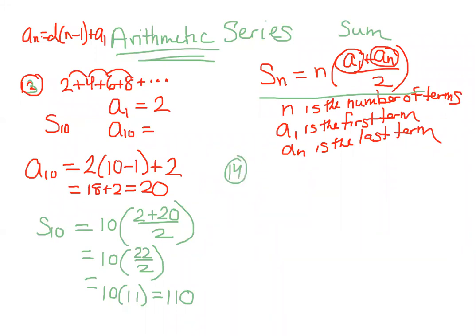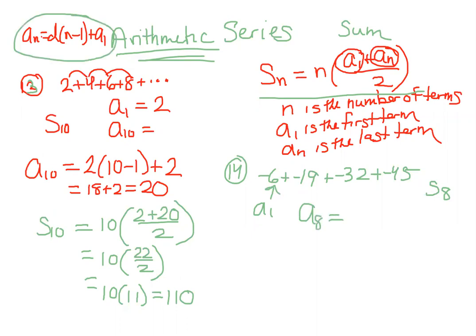All right, let's look at number 14. We've got -6 plus -19 plus -32 plus -45, and we're looking for S8. So here's A1. We need A8, so we're going to use this, and we have to know what D is. What are we doing to get the next one all the time here?